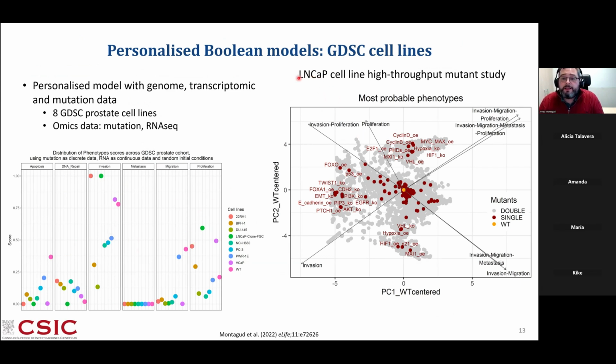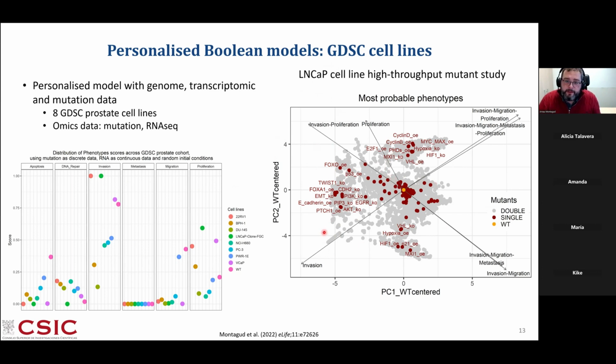And the same happens, for instance, in this case, where we focused on one cell line, LNCAP, and we wanted to do all the mutants of the LNCAP models. Here you have all the single and double mutants compared to the wild type, and then we have values for all the phenotypes. And then what we do is a PCA on the matrix of all these mutants. And here what you can see is the distance of the different mutants with regard to the wild type.